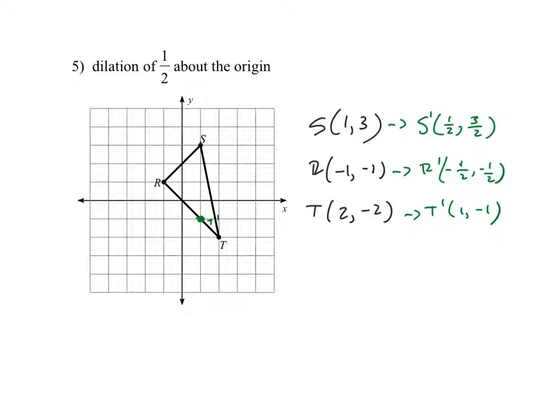This is T prime. Then S prime is 1/2, 3/2, so somewhere around here. S prime, and then -1/2, -1/2, so somewhere around here. So that's R prime. And right there, I have my reduction. As you can see, it is smaller than the preimage.